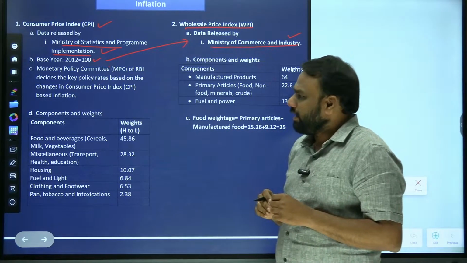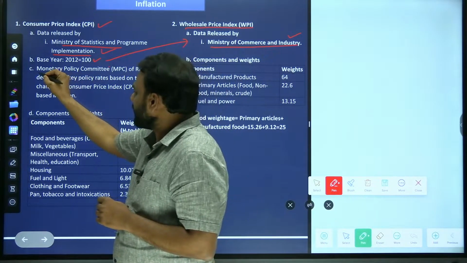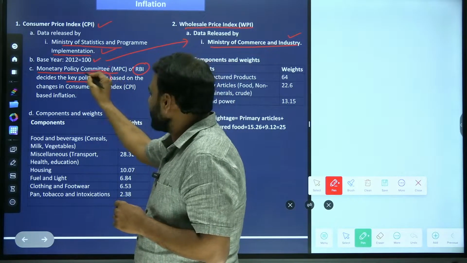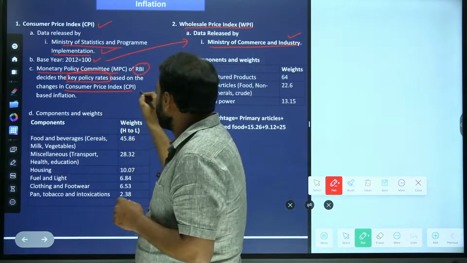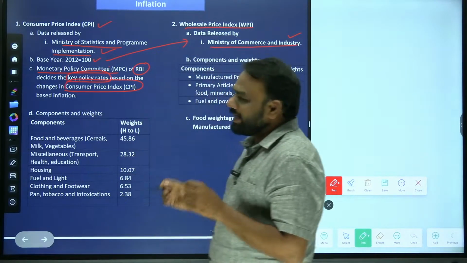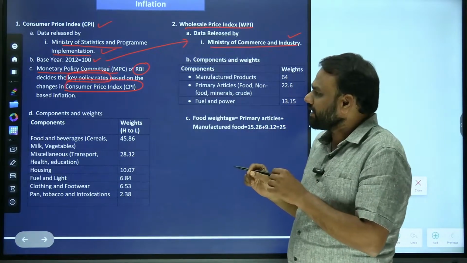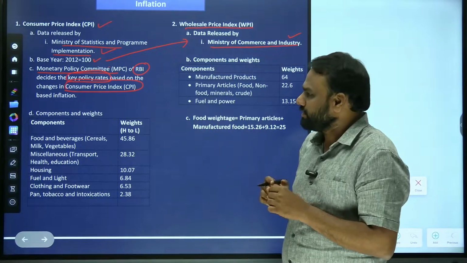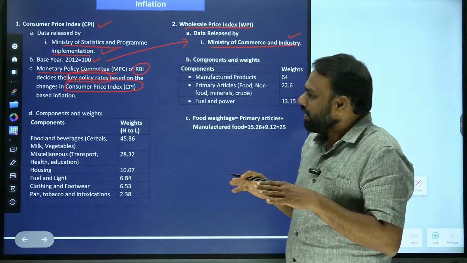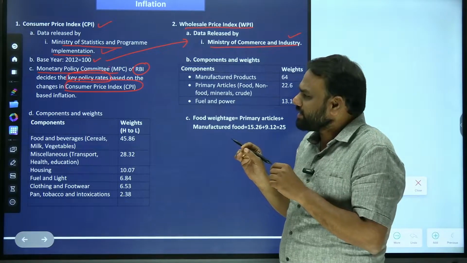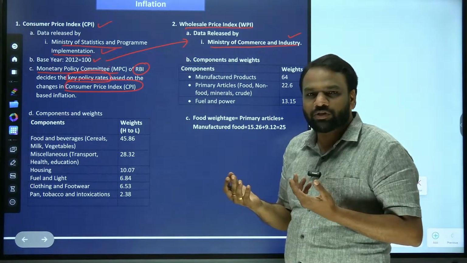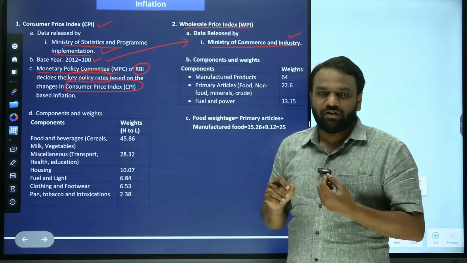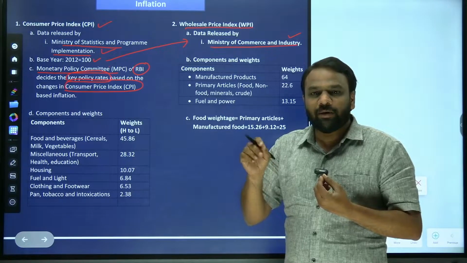Next, very important: the Monetary Policy Committee of RBI decides the key policy rates based on the changes in the consumer price index. In detail, we'll be discussing the Monetary Policy Committee of RBI and what key policy rates are in later videos. For the time being, let us assume the bank loans which I take. The bank loan has a rate of interest. That rate of interest is governed by what?